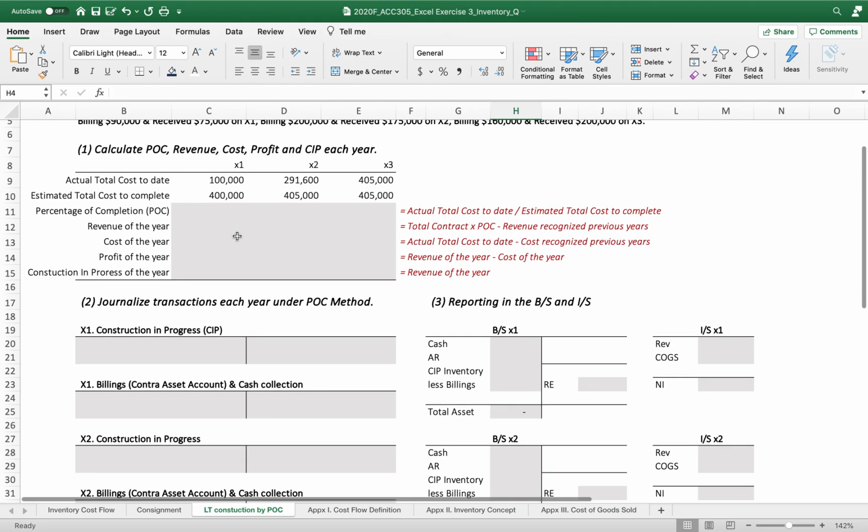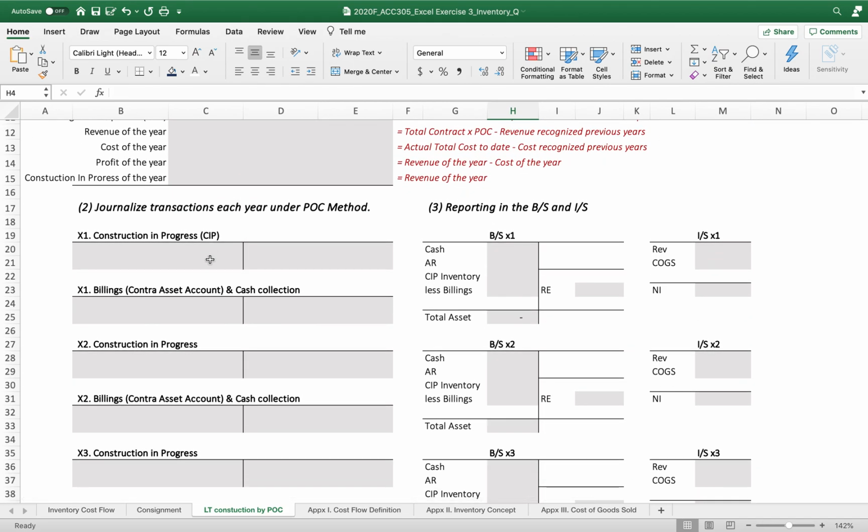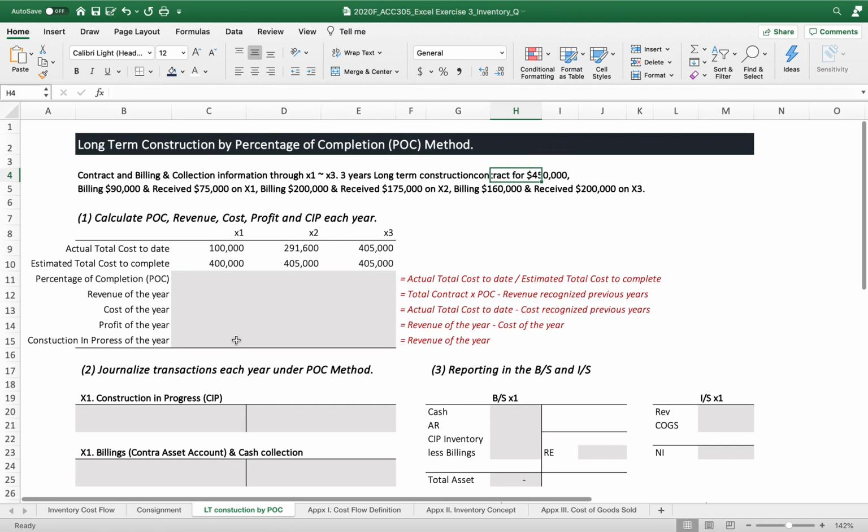So before jumping into the journal entry transaction each year and reporting in the financial statements, we need to create the schedule of POC and revenue, cost, profit, and CIP each year to facilitate this procedure. As you can see, the actual total cost to date is the cumulative from the start of the construction.